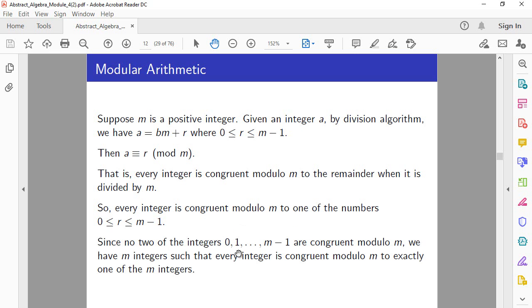Notice that no two of these integers are congruent mod m, because they are all strictly less than m, and if you take their difference, it will still be strictly less than m in absolute value. As a result, no two of these numbers will be congruent. So we have m integers such that every integer is congruent mod m to exactly one of them.